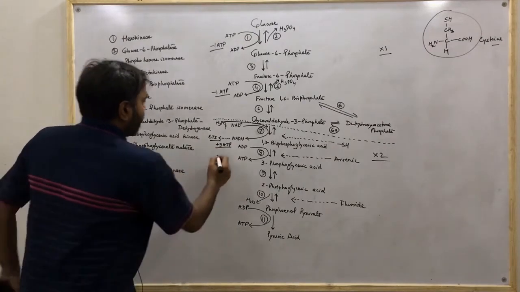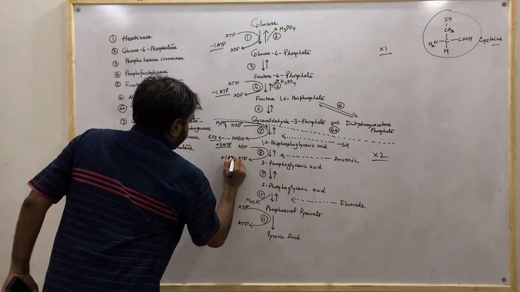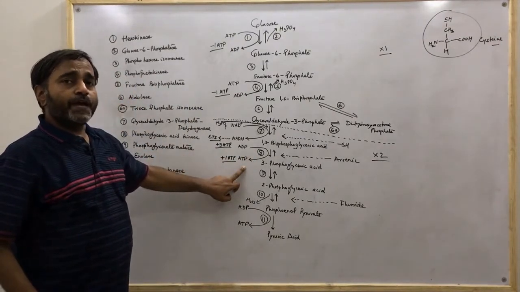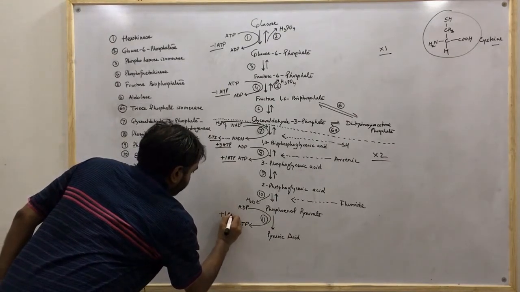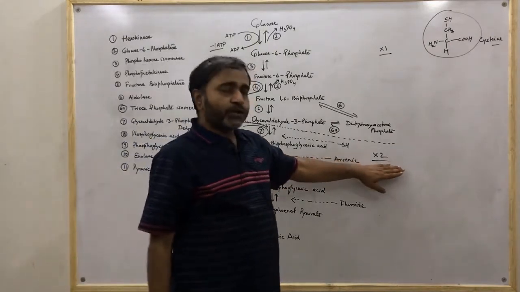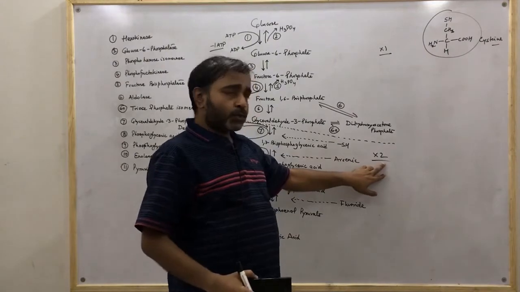Likewise here we may write plus 1 ATP. In this step, see, ADP is getting changed into ATP. And here also we may write plus 1 ATP. I already told you, you need to multiply each of the components in this step by 2.